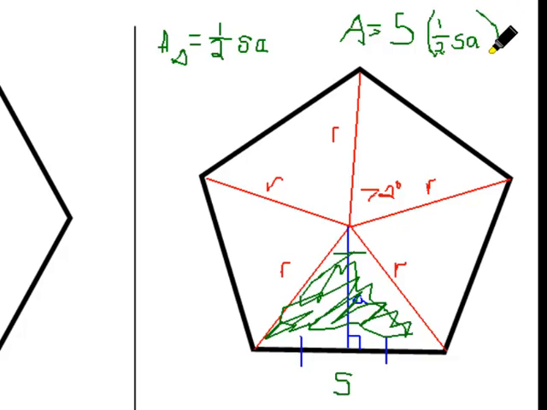If you were to look on your formula chart, what you would find is that the area formula for a regular polygon says this. Area equals 1/2 times A times P.